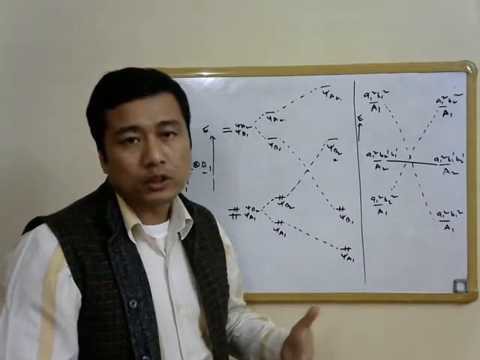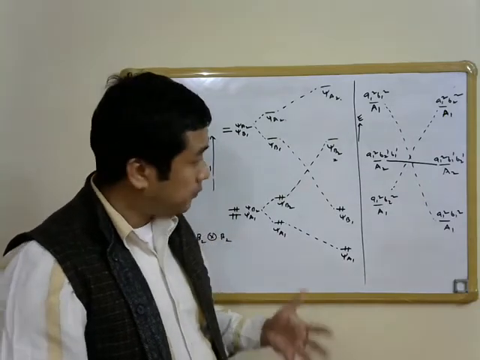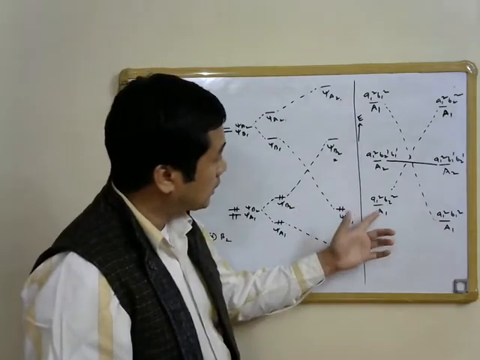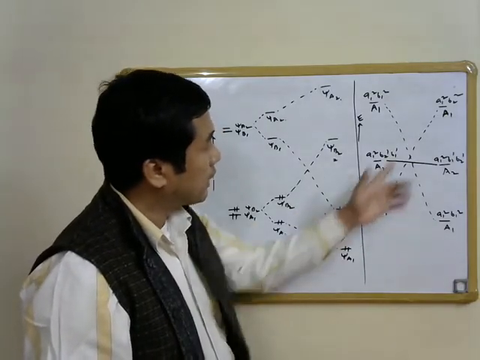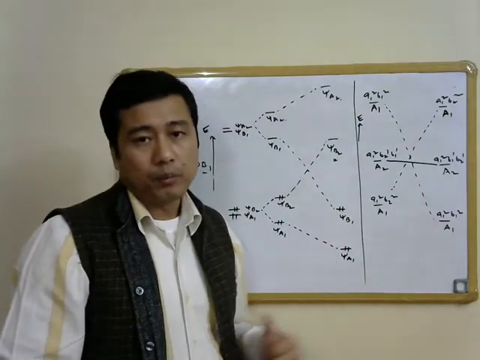This sort of crossover is not allowed quantum chemically, so we cannot correlate this ground electronic state with the excited electronic state of the same symmetry in the product here.